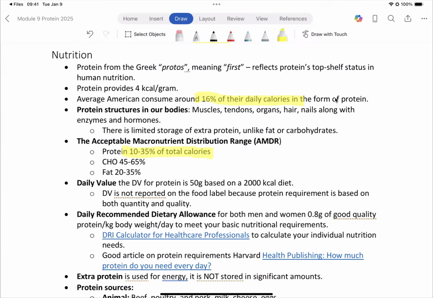But at any rate, there's a wide range. And that's fortunate for us because we can have a wide range of diets depending on what our personal interests and attitudes are. The daily value on the food label is 50 grams based on a 2,000 calorie diet. So 50 times 4 is 200 calories.